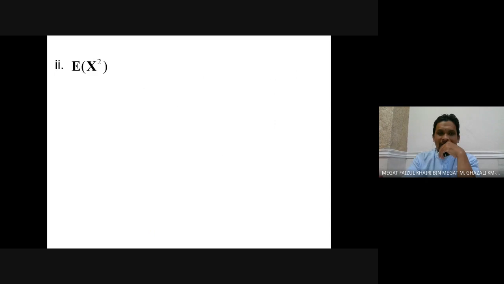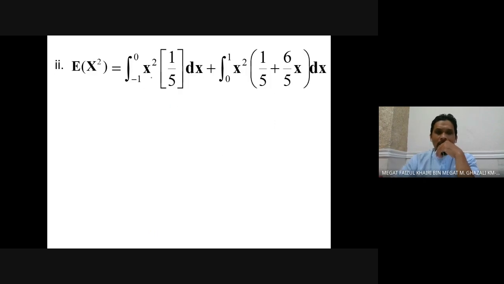Okay, then next, E[X squared]. The integral of x squared multiplied with the function f(x) dx. So from here, saya akan buat ikut sini ya. 1 over 5 times x squared; integral gives you 1 over 5 x cubed divided by 3 from -1 until 0, plus 1 over 5 x squared plus x squared multiplied with x cubed.